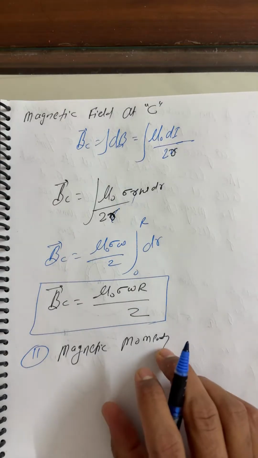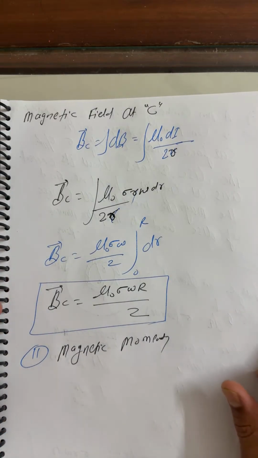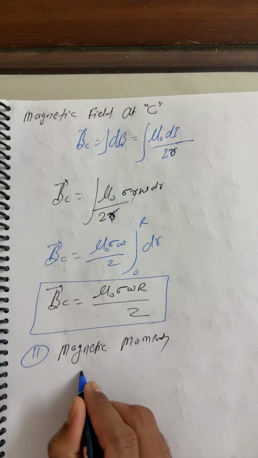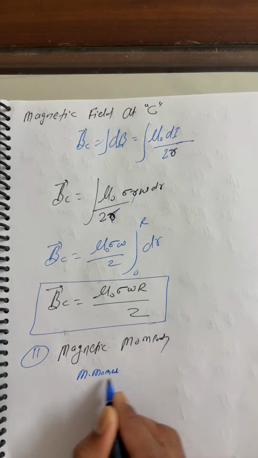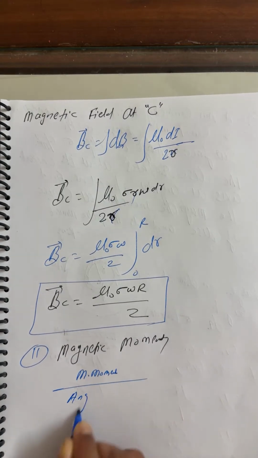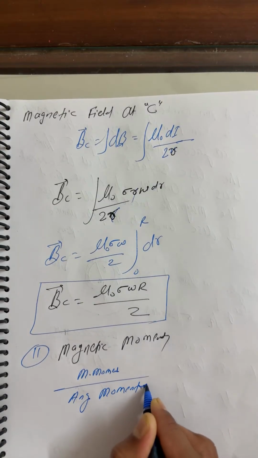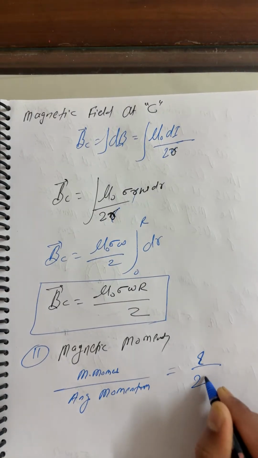But there is a thing: if anything is rotating, the ratio of magnetic moment upon angular momentum is always constant, for any rotating body.